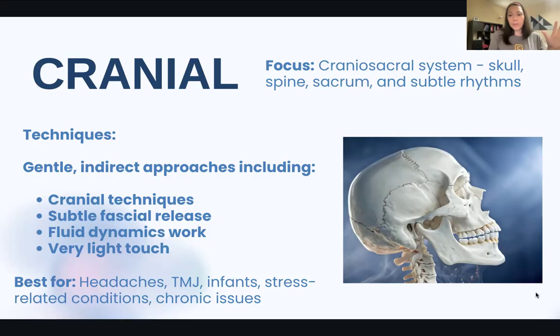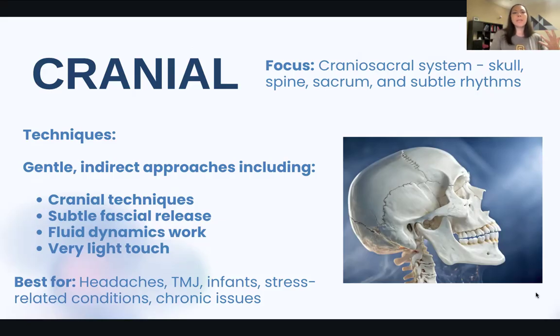I do a lot of neural manipulation, a lot of neural assessment. So that's really assessing the cranial nerves, but also the peripheral nerves, and then how it transmits throughout the body. So it's not just cranial, but I'm using the cranial system to give me some information and feedback about where else in the body there might be a restriction.